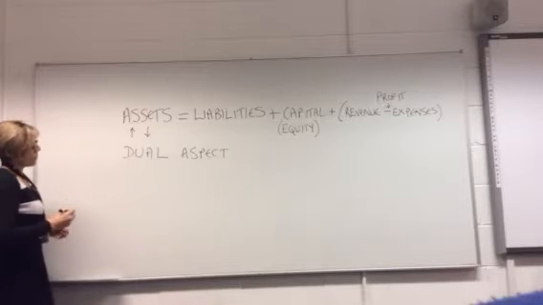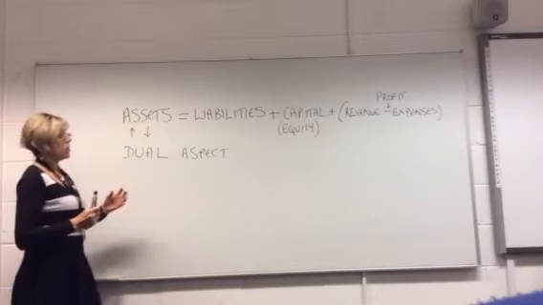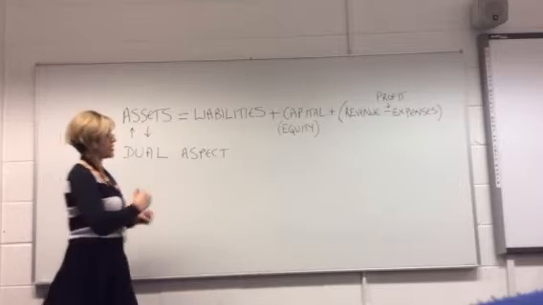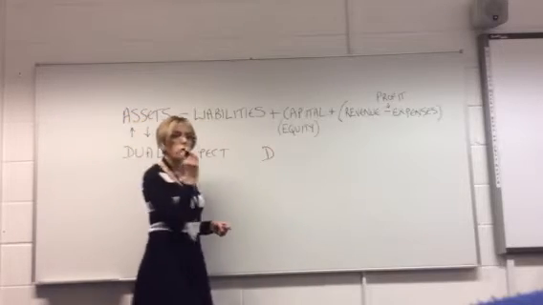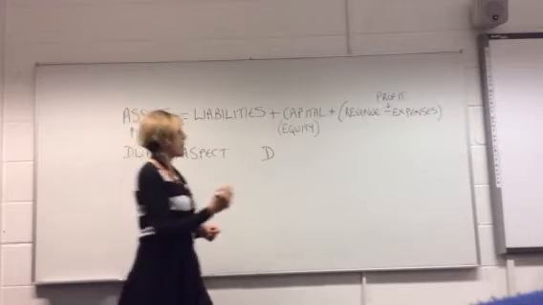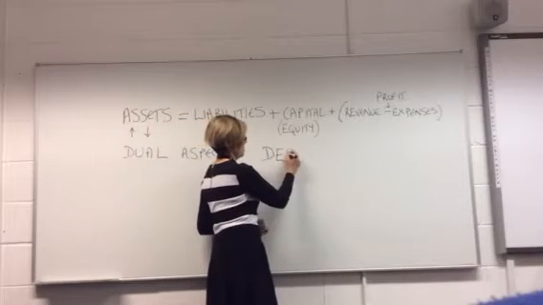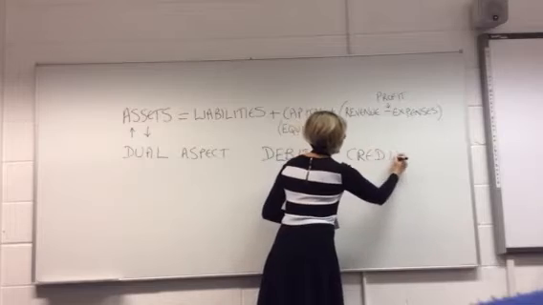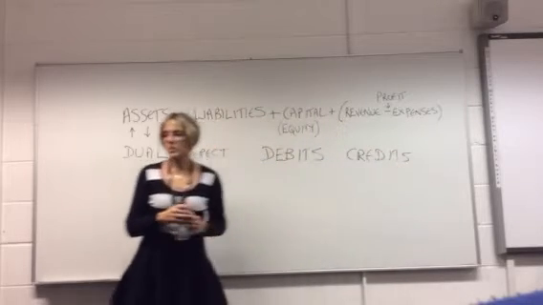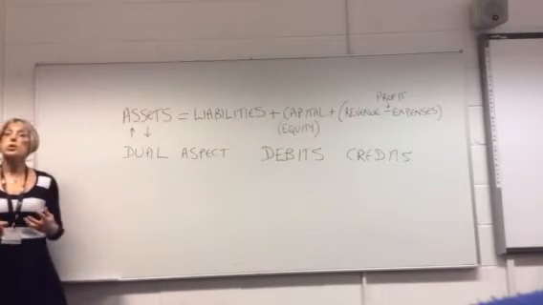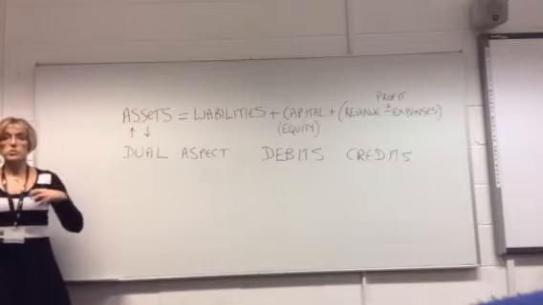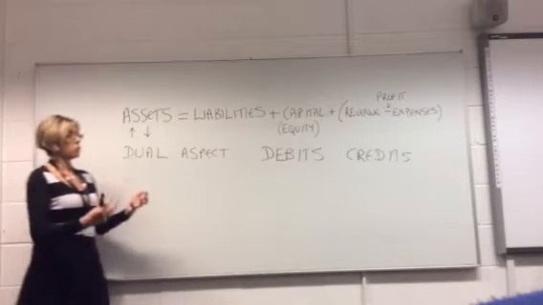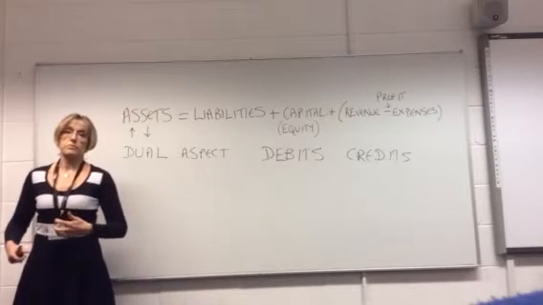Now, we need to think about debits and credits, the all-important bits of our accounting system. Now, these words, debits and credits, don't really mean much. We could have called them widgets and whatsits, but they've just been called debits and credits.